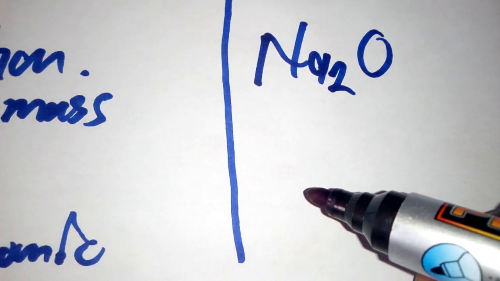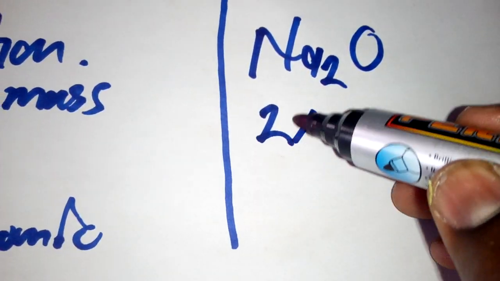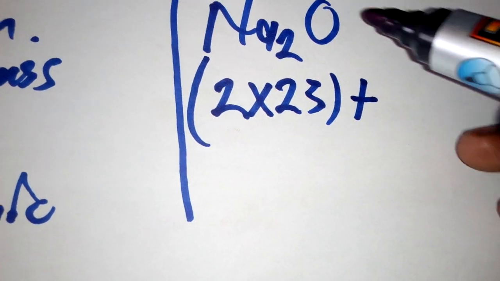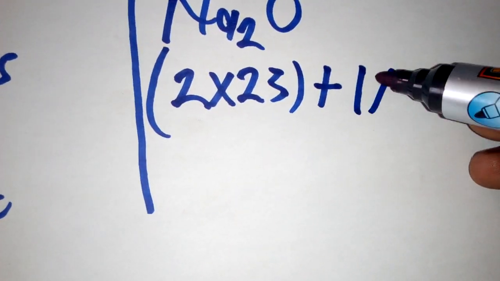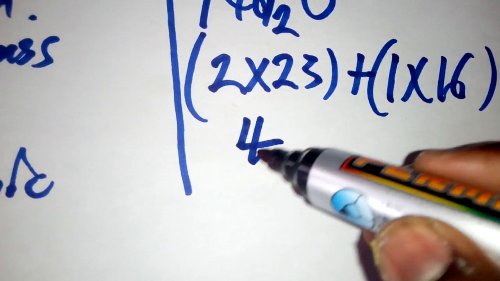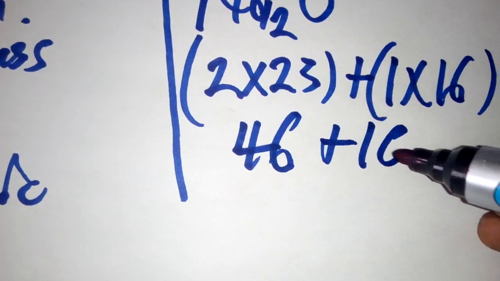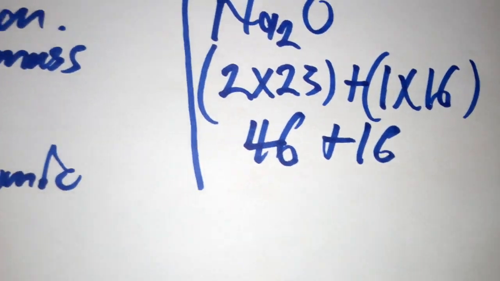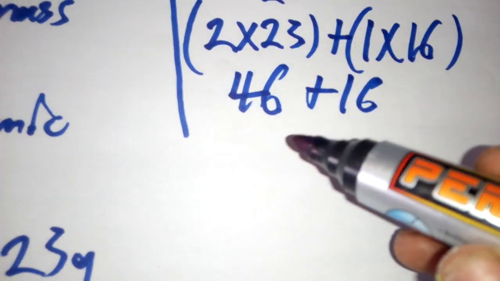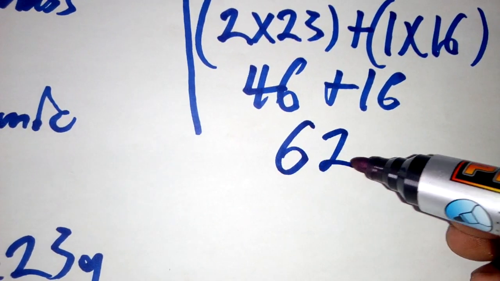We have 2 moles, meaning 2 times 23, plus 1 mole of oxygen, 1 times 16, the grams. Meaning I have 46 plus 16, which is 62.